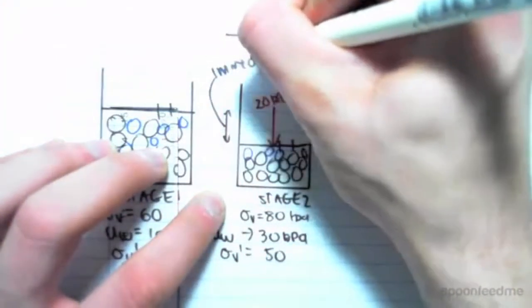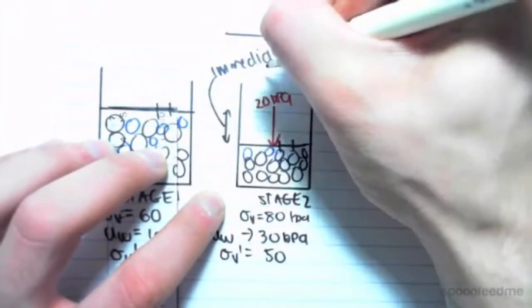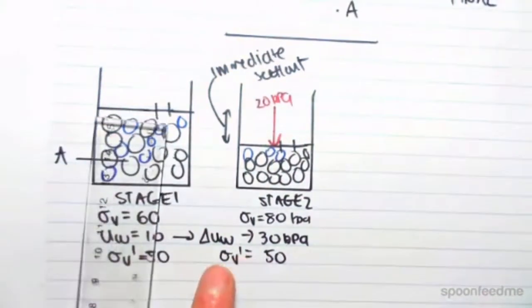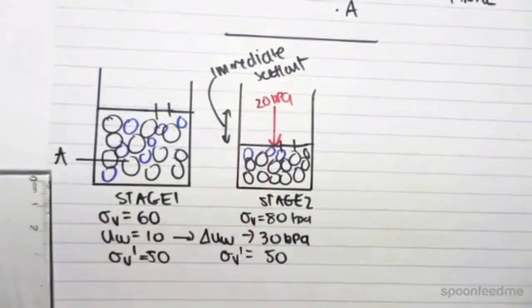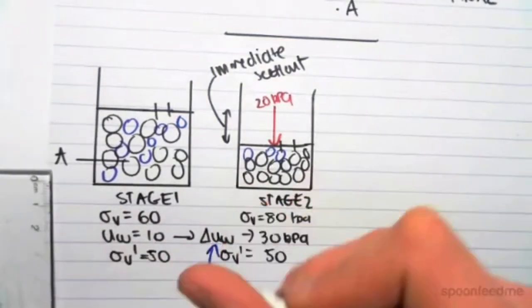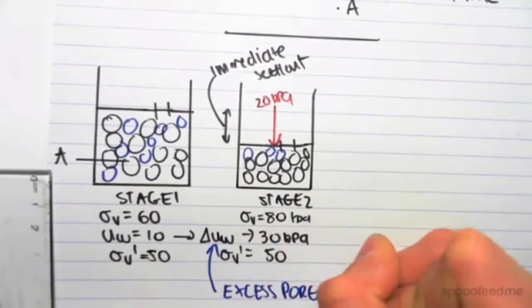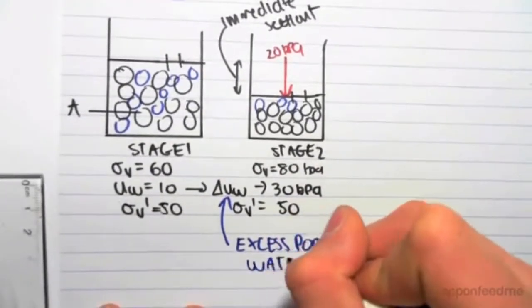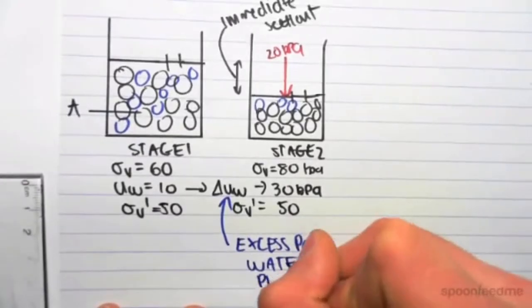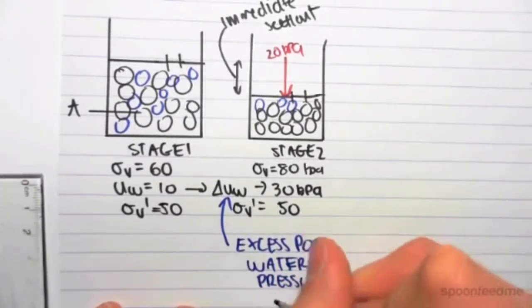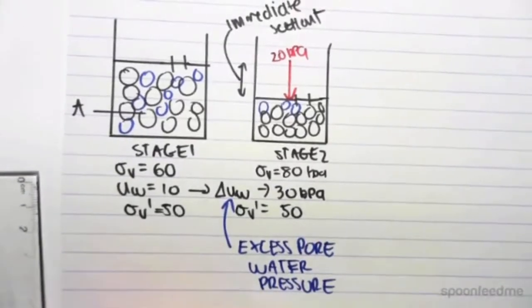This might be very small, but we have some type of immediate settlement. So we've applied a load and we've got an excess pore water pressure. So we have an excess of 20 kPa pore water pressure because all the pressure goes to the water and none of it goes to the soil.